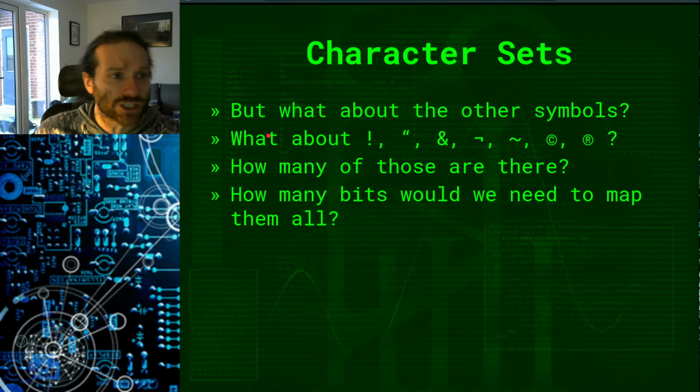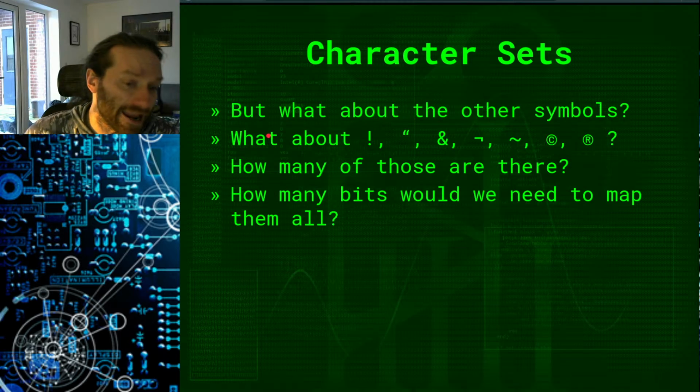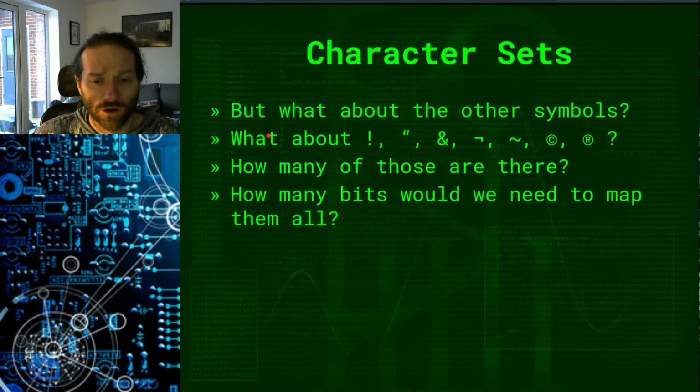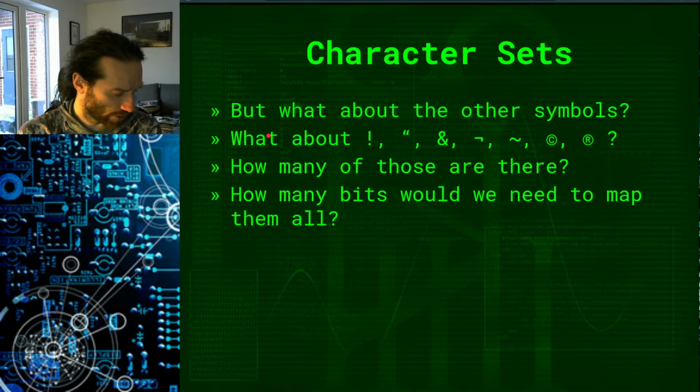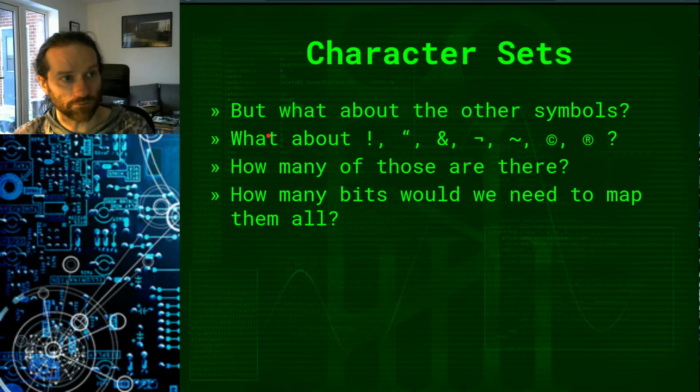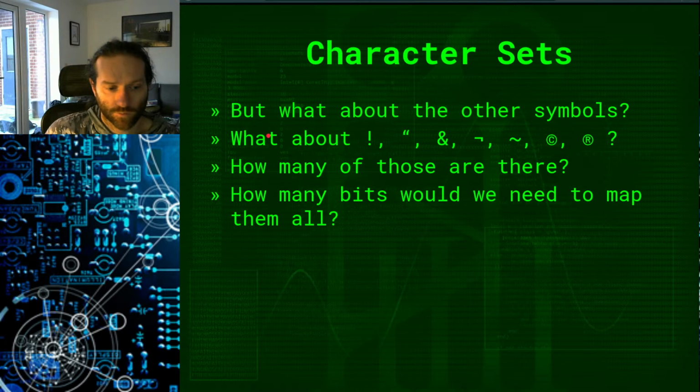So if we assume a conservative estimate of 110, how many bits do we now need to store all of those characters? So if we're going up to 110 of them, what's the minimum number of bits that we would need? I'll give you a clue.